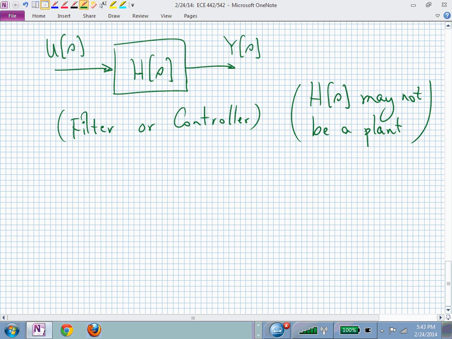All right, so now what we want to do is maybe not have a green leafy thing. Maybe this is not a plant. It's now a controller or a filter.